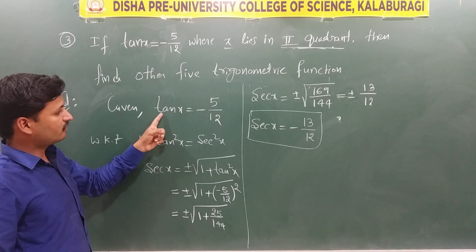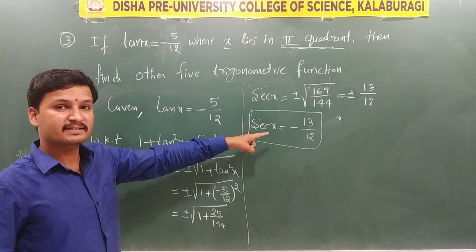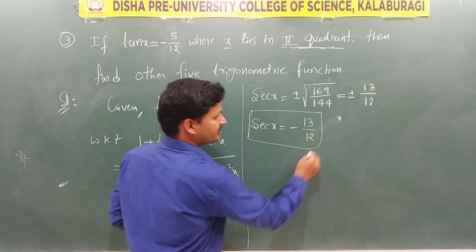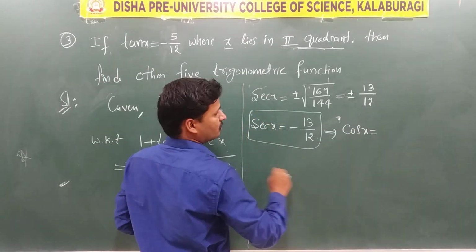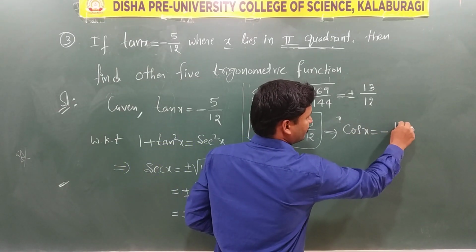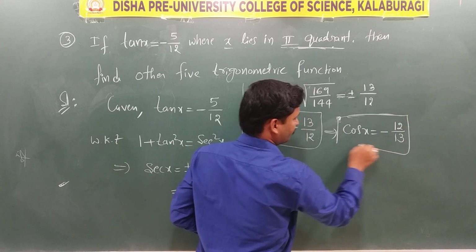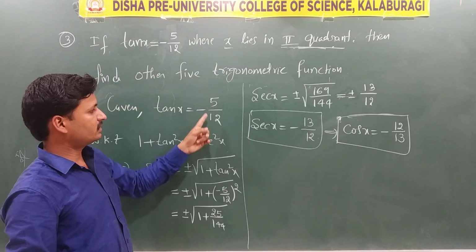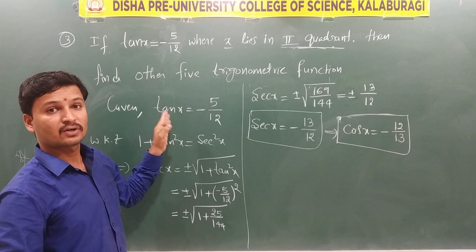Here from tan x we know the secant x. If you know secant x, taking the reciprocal of secant x is cos x. So cos x is equal to the reciprocal, that is 12 divided by 13. So this is cos x. And here tan x is minus 5 by 12, taking the reciprocal of the tan function, that is cot x.